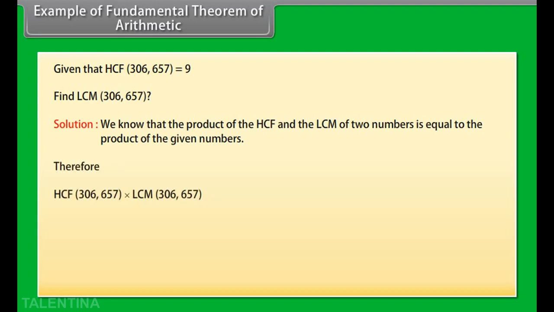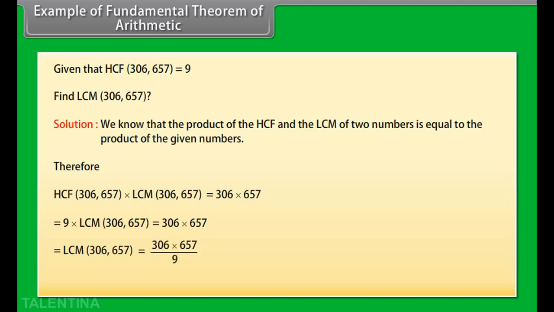Therefore, HCF(306, 657) into LCM(306, 657) is equal to 306 into 657, so 9 into LCM(306, 657) equals 306 into 657, which gives LCM(306, 657) equals 306 into 657 upon 9.